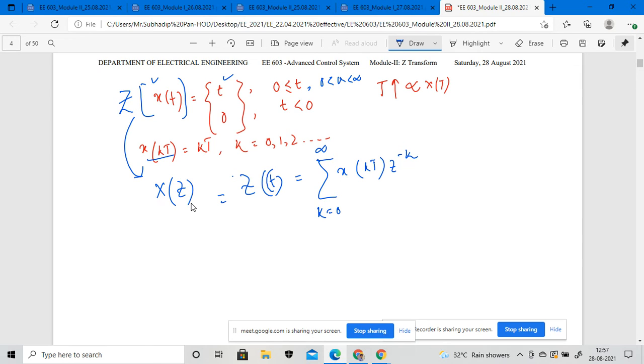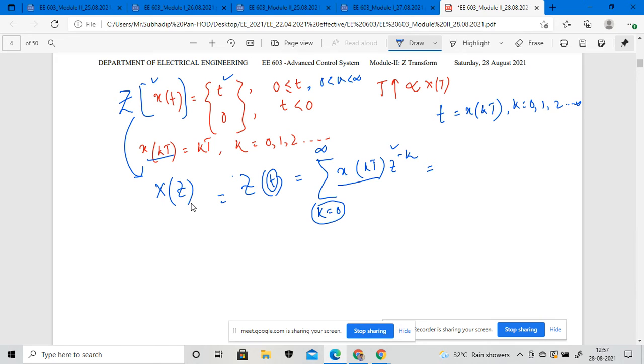As we are considering the time function, t will be considered as x of kt, where the values of k vary from 0, 1, up to infinity. So it is the summation for k equals 0 to infinity of x of kt, and we are taking the Z transformation of this, so that is why this particular term is coming, right?